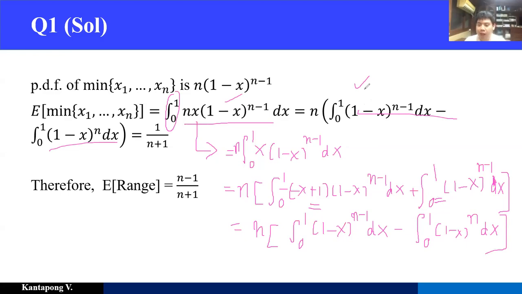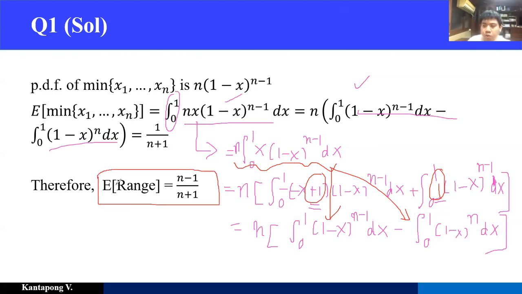The way I deal with this problem is the trick of plus 1 and minus 1, because we get minus 1 in order to group it to be similar to that term. We can split this into two easy terms, and the rest is easy. It is 1 over n minus 1, and that is the expression of the range.